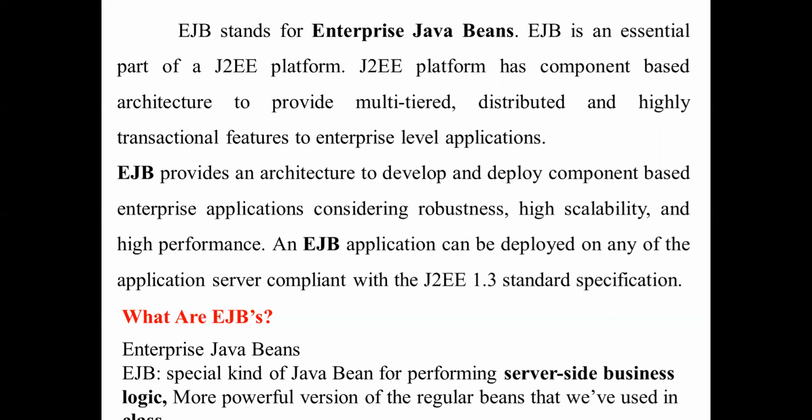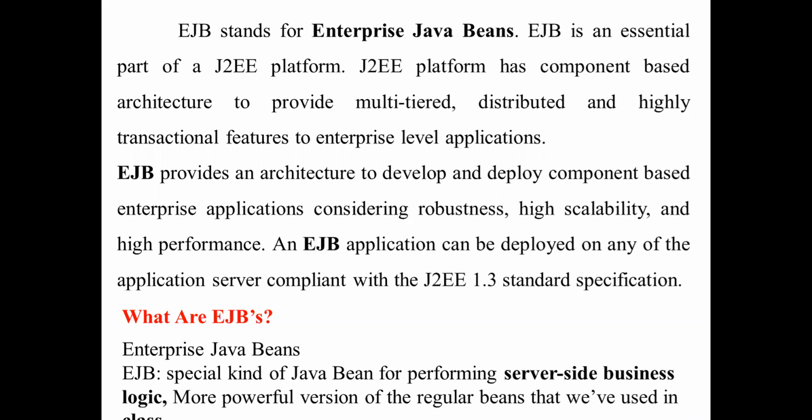First, EJB stands for Enterprise Java Beans, and it is a very essential part of the J2EE, the enterprise edition platform. It is very essential for using the J2EE components.